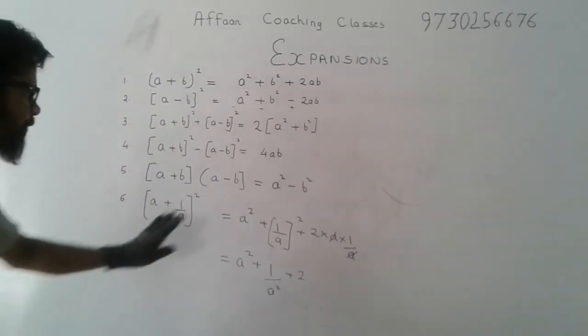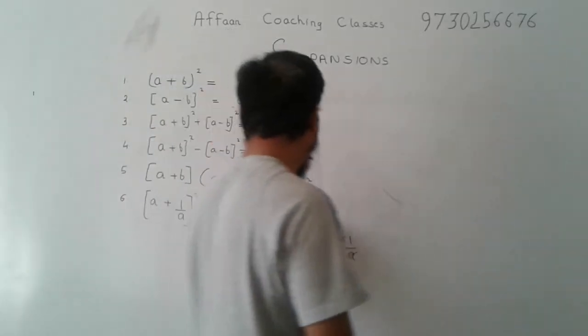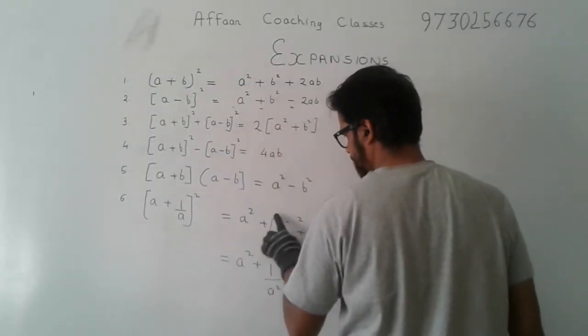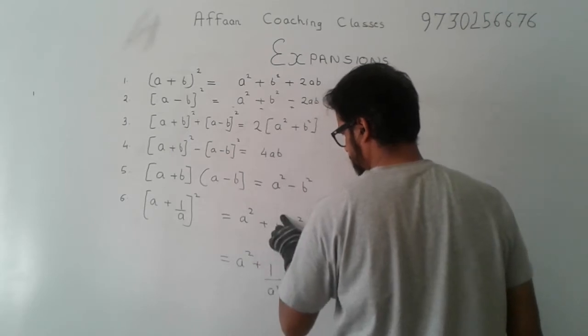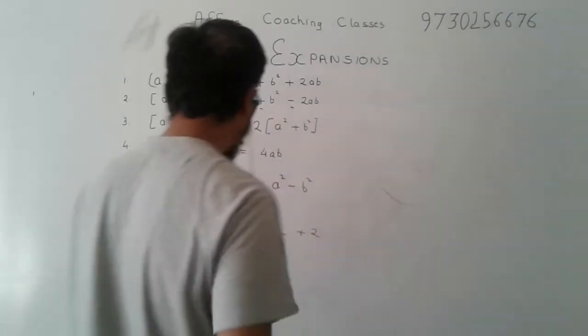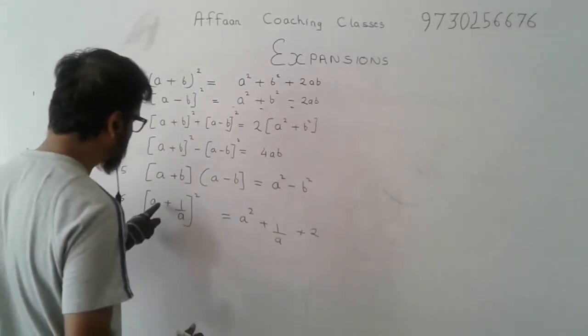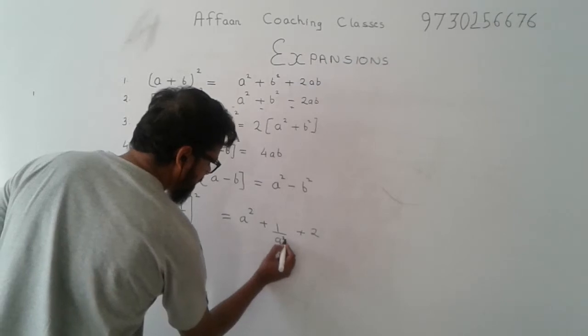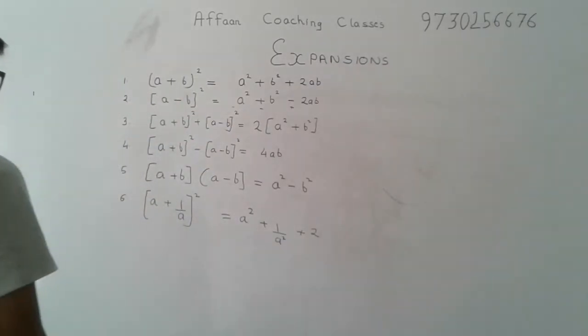Clear? So we are going to write this formula as (a plus 1 upon a) whole bracket square is a square plus 1 upon a square plus 2.